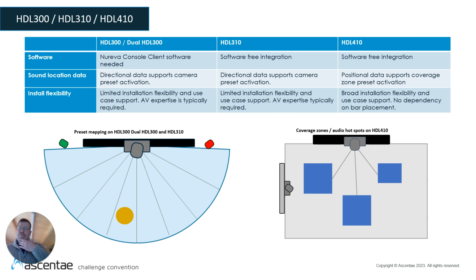Now, if we look at the diagram on the left, this represents a typical single camera setup for the HDL 300 or HDL 310. It's worth highlighting that the sound location data is referenced from the center point of the soundbar.